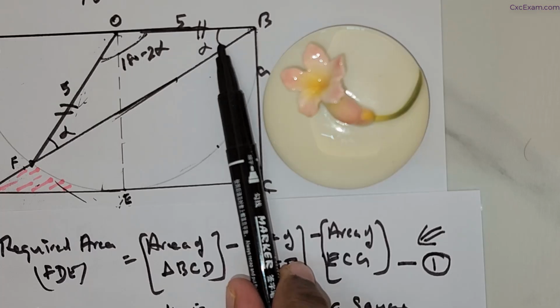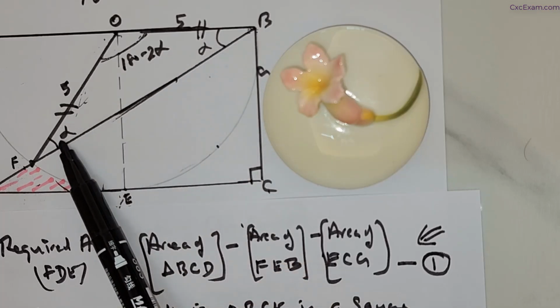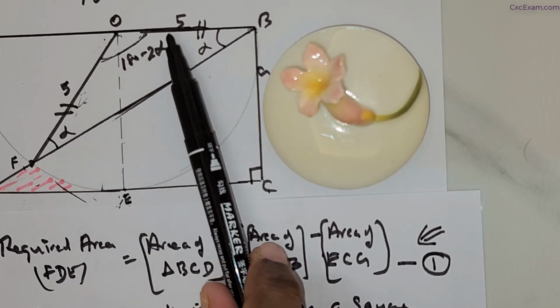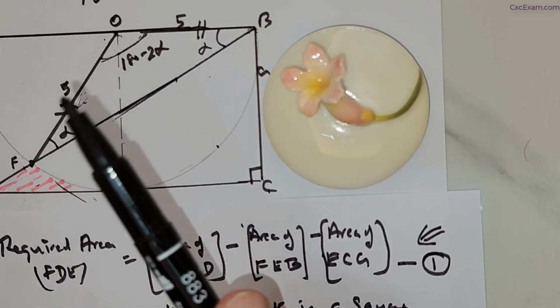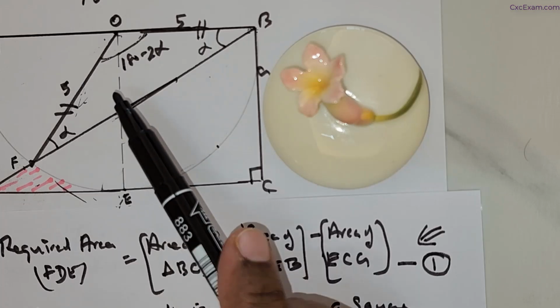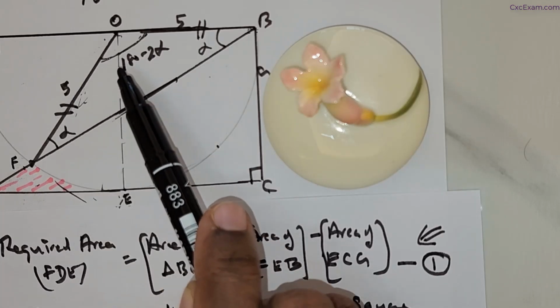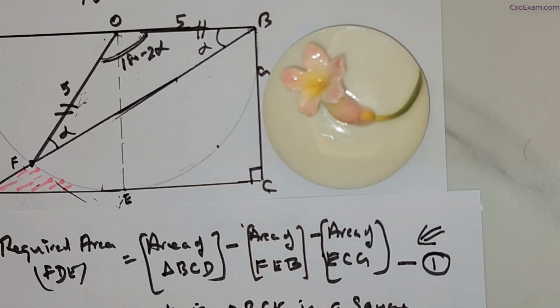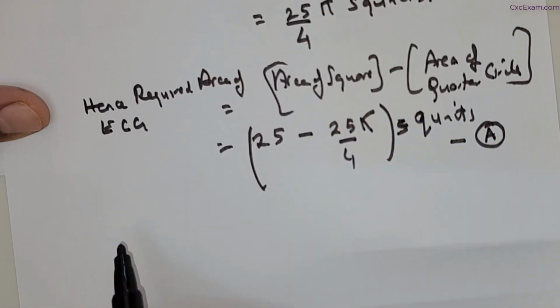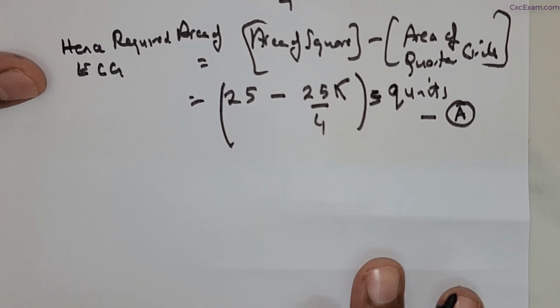So if I take this as alpha and this as alpha, then this central angle is going to be 180 minus 2 alpha. Okay, that is a very important observation that enables us to get this angle. This is critical. So I'm going to start off like this. Area of the sector.